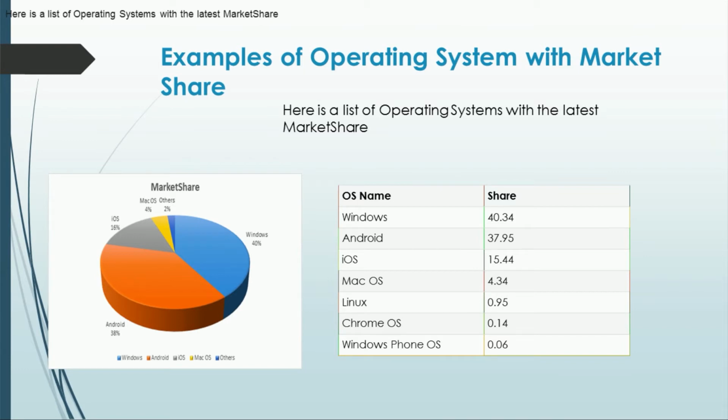For example, operating systems on the market: Windows, it is for everyone. The Windows operating system is easy to work with, and it always takes first place among other operating systems. Second is Android. It's also cheaper than others, and it's good for using.